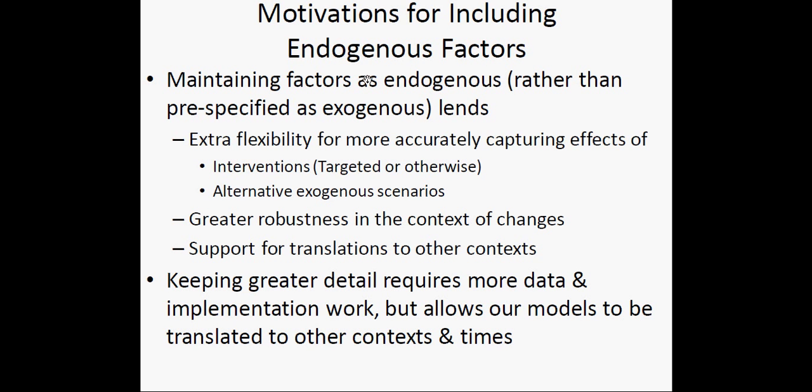So this is a trade-off. It often involves more investment. And so when we talk about a model incrementally evolving in a step-by-step way, we're often talking about weighing on an ongoing basis: what do we add next? What do we put in? What do we endogenize that has previously been fixed?